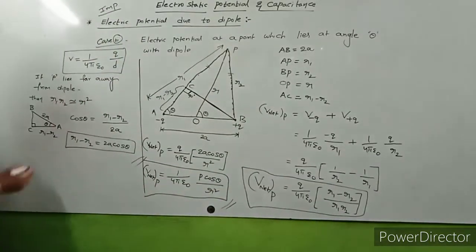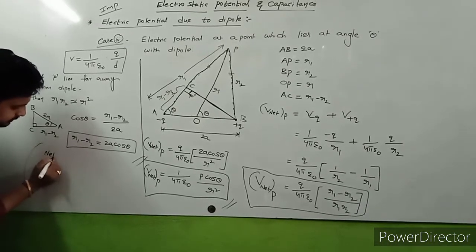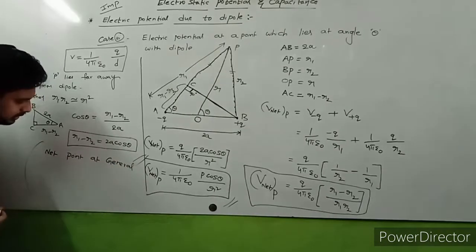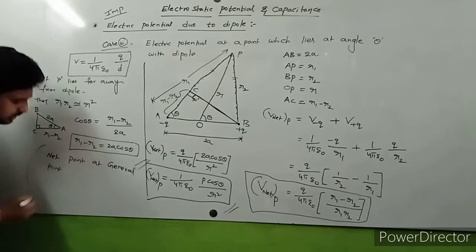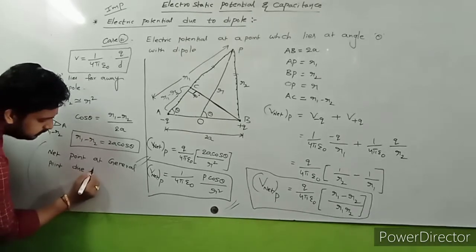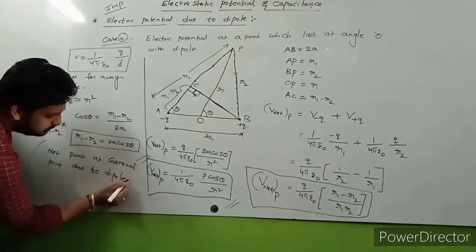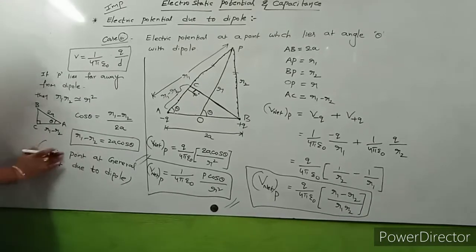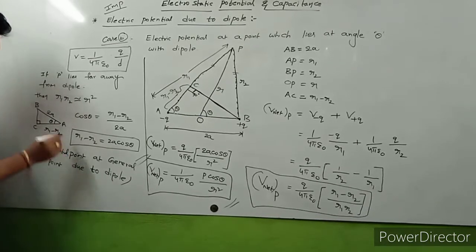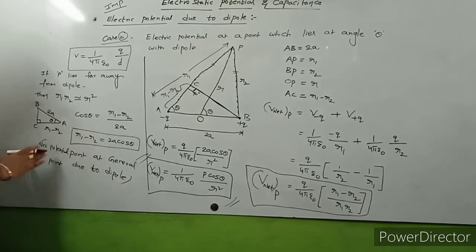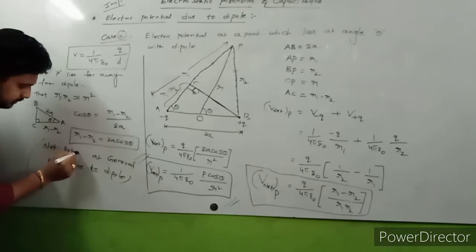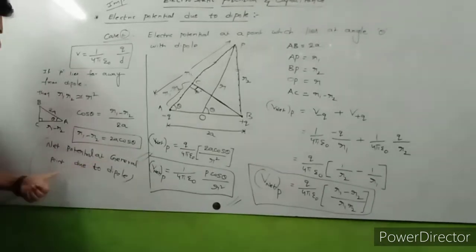This is the net potential at a general point due to dipole.